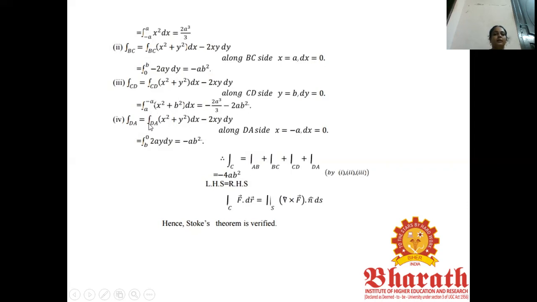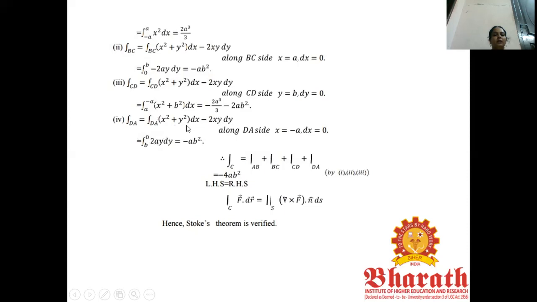The fourth integral is along DA. The integral over DA of x square plus y square dx minus 2xy dy. So along DA, the side is x equal to minus a, which implies dx equal to 0. We substitute x equal to minus a and dx equal to 0 in the integral, with limits from b to 0.